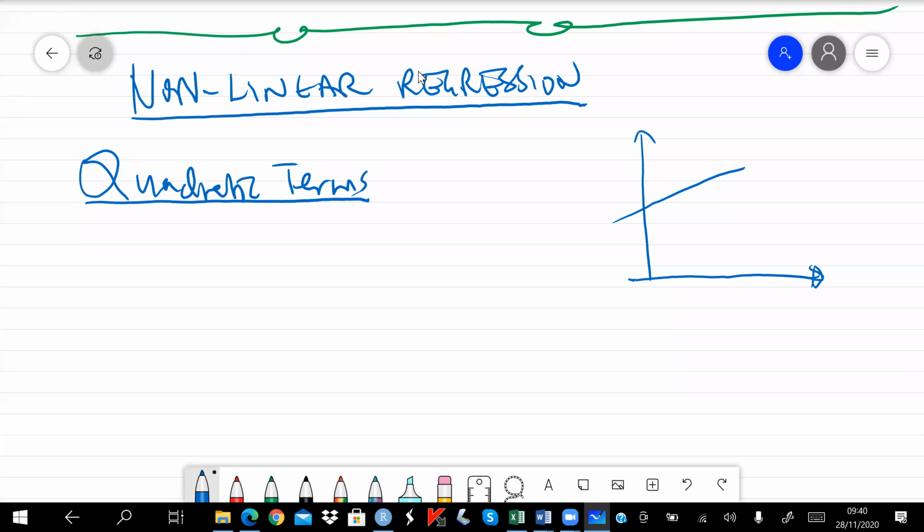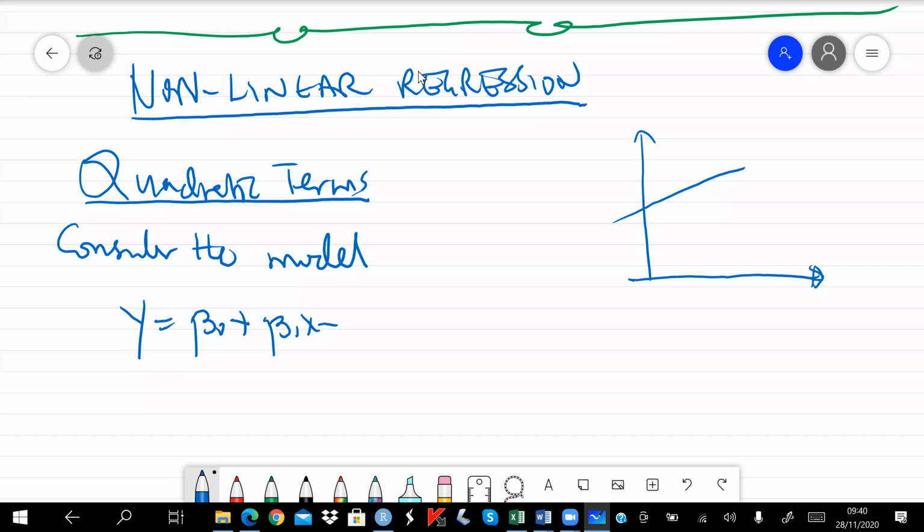Now, today, I want us to look at nonlinear regression, and specifically cases where we have quadratic terms in the explanatory variables. So, for instance, consider the model y is equal to beta naught plus beta 1 of x plus beta 2 of x squared plus the error term.